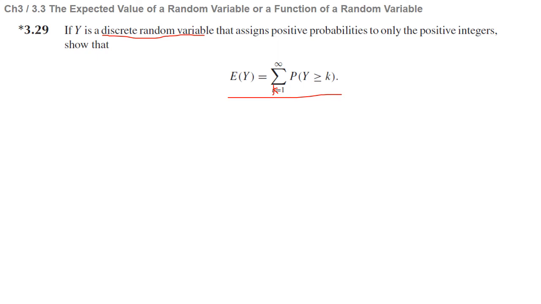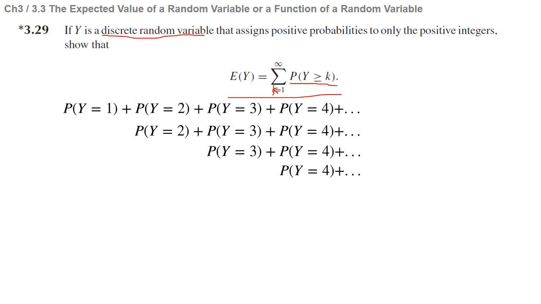To get the intuition, it would be nice to enumerate all these situations. So it goes this way. When k equals 1, it's summing up probability of Y equals 1 plus probability of Y equals 2 plus probability of Y equals 3 plus probability of Y equals 4 plus dot dot dot.